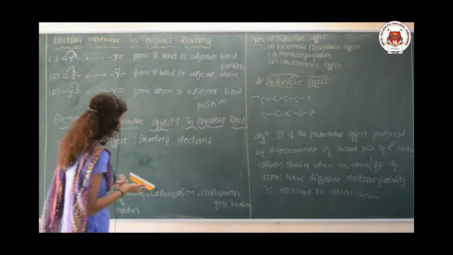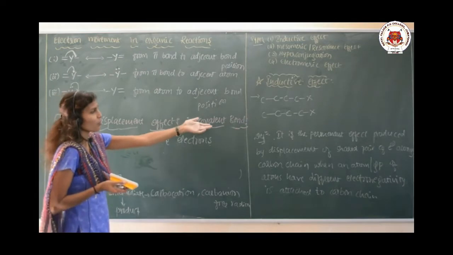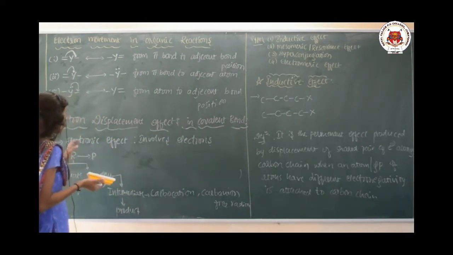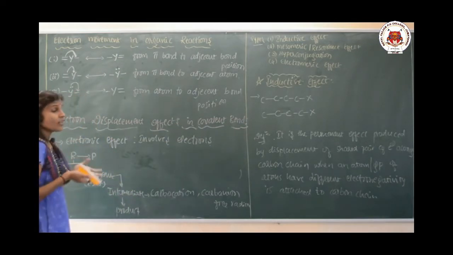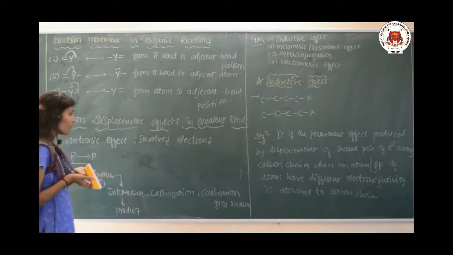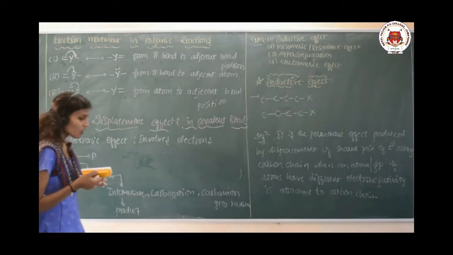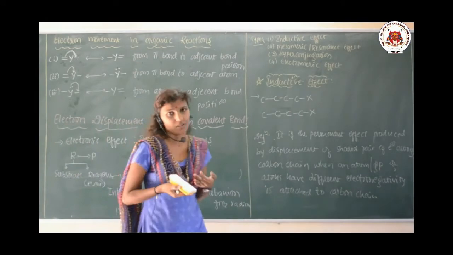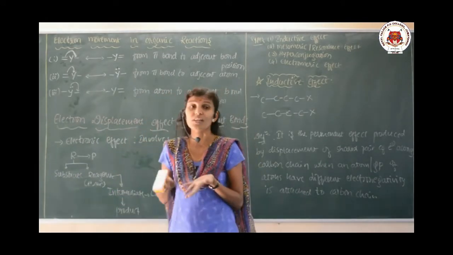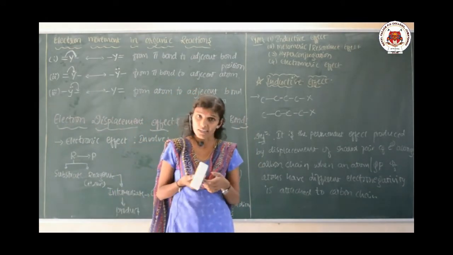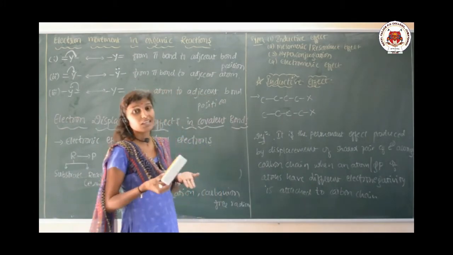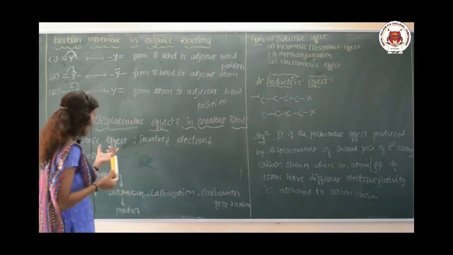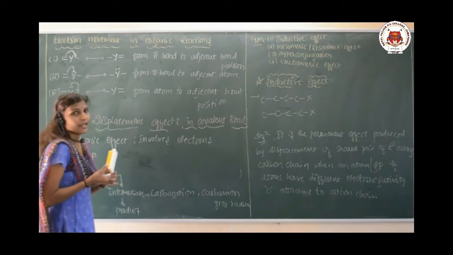And now I want to explain briefly what a covalent bond is. Now, the electron displacement effect in the covalent bond we are discussing, and this electron displacement effect is also called the electronic effect, because it involves the electrons.